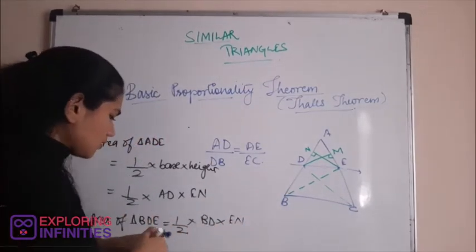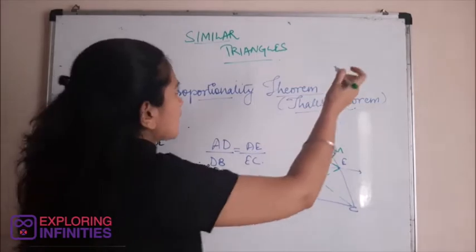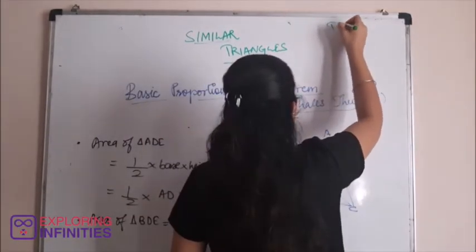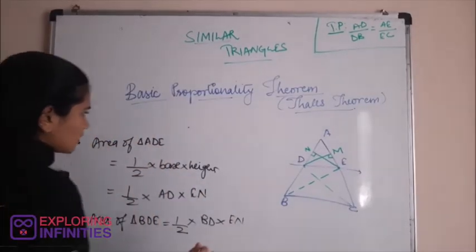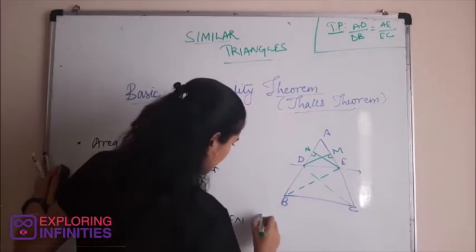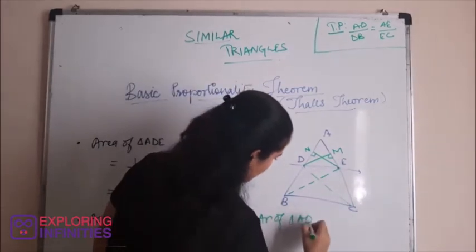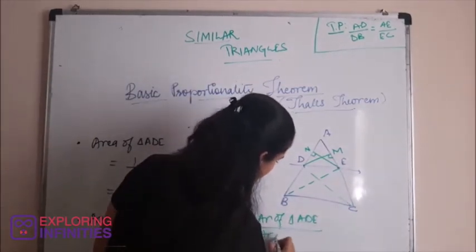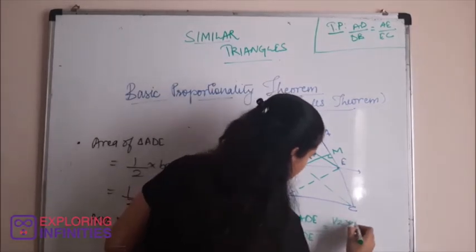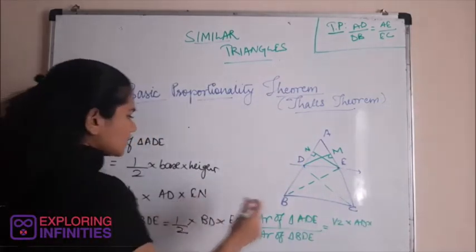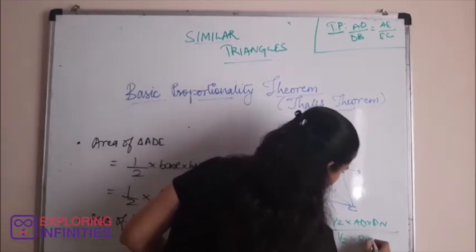Now let us do one thing before we get into proving the theorem any further. Firstly, I'll write what we have to prove in here so that we have enough space. So if we find out the ratio between the areas of these two triangles, then area of triangle ADE divided by area of triangle BDE is nothing but half of AD into EN divided by half of BD into EN.